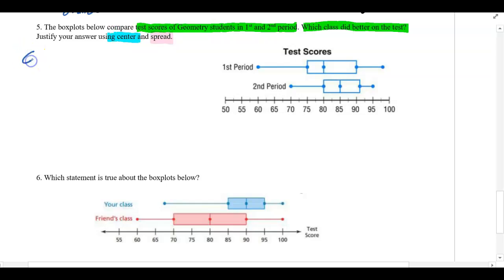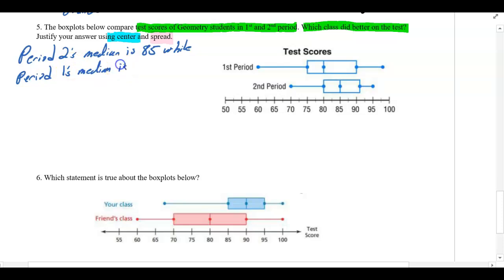So period 2's median is 85, while period 1's median is 80. So period 2, in my mind, did a little better overall.